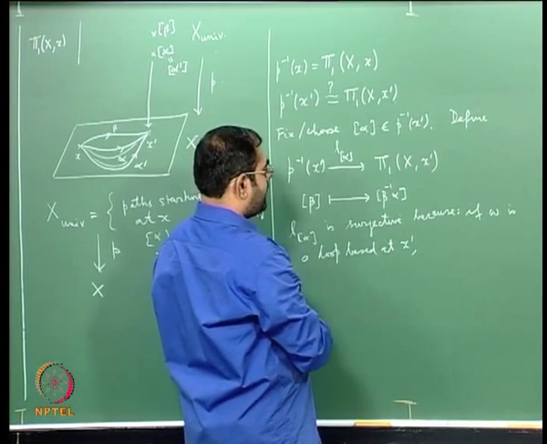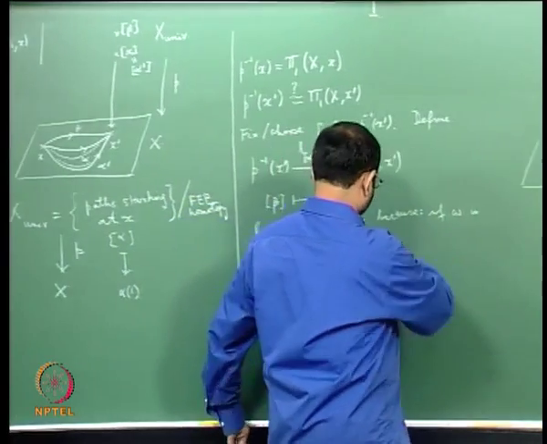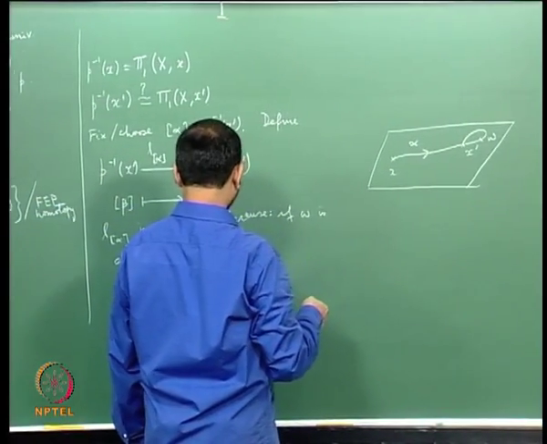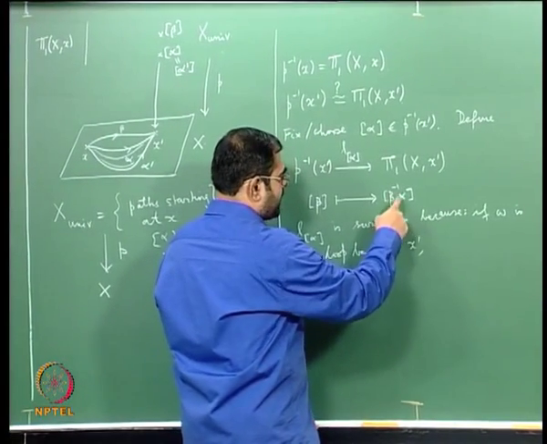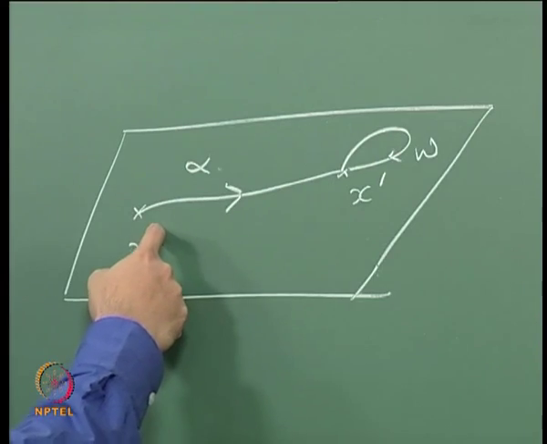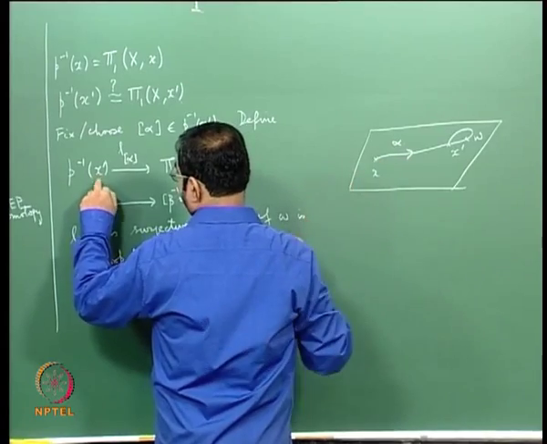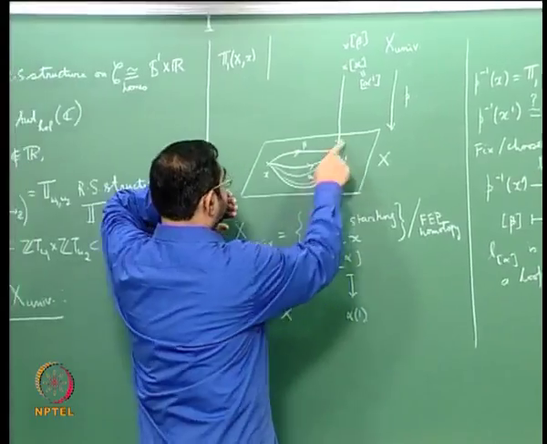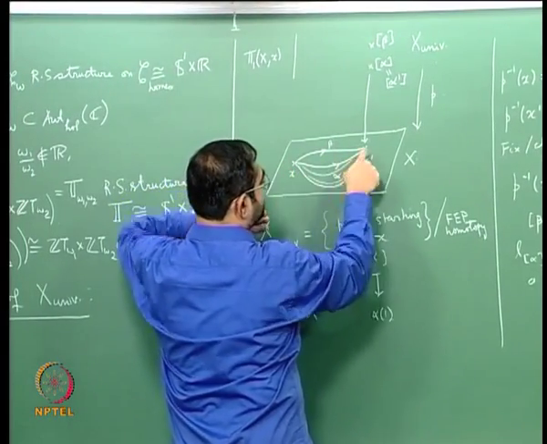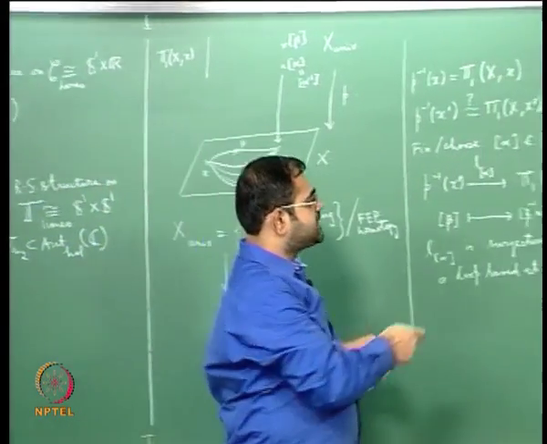and if you work it out, you can see that beta inverse alpha is omega. What I need is a path, I need an element over the fiber of x prime which means by definition a path from x to x prime, okay. And what is that path from x to x prime?